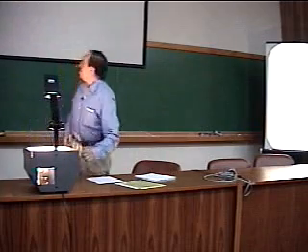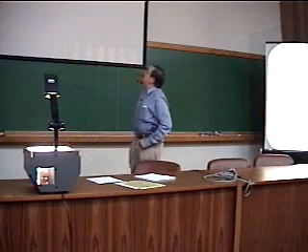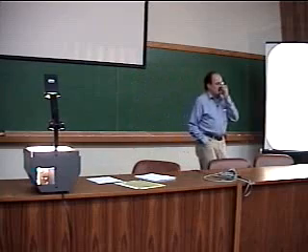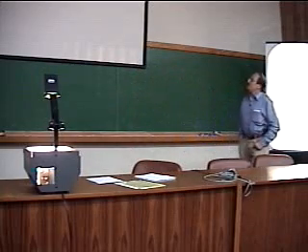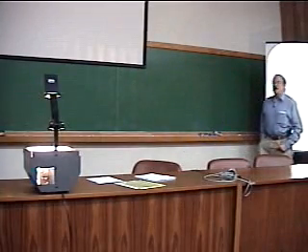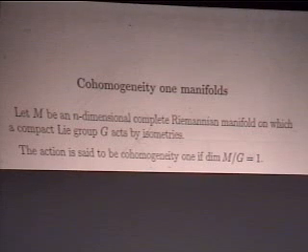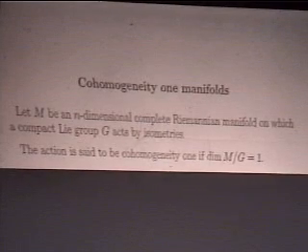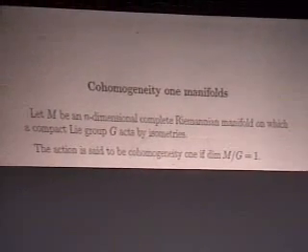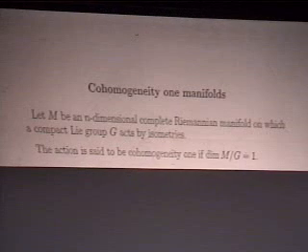So here's a definition. An n-dimensional manifold, which I also assume has a metric on it and is complete, is called a cohomogeneity one manifold if a Lie group G acts on this manifold by isometries, and the quotient of the manifold by the Lie group is one-dimensional. This is slightly larger than the set of homogeneous spaces, which also have been used in geometry a lot to construct examples.